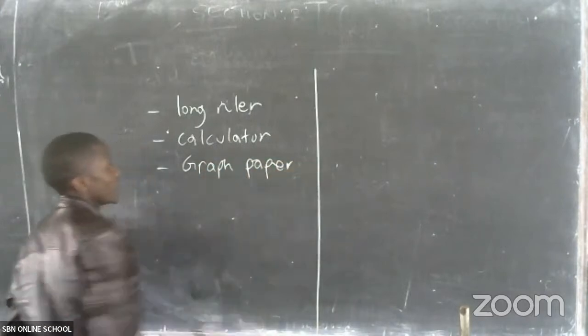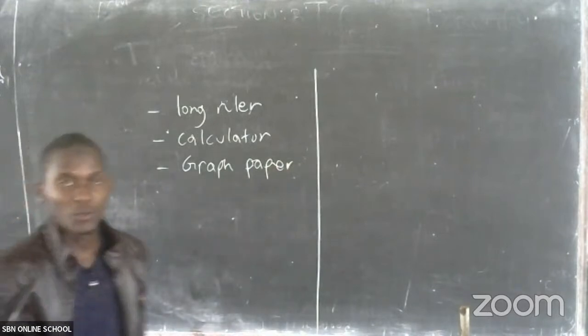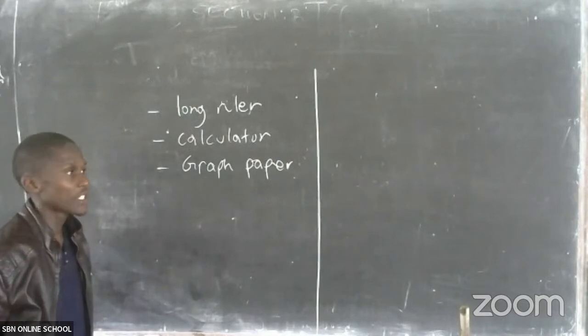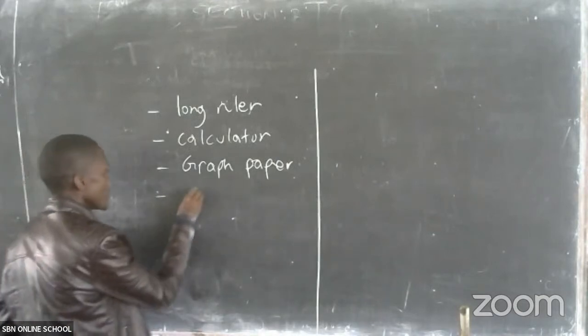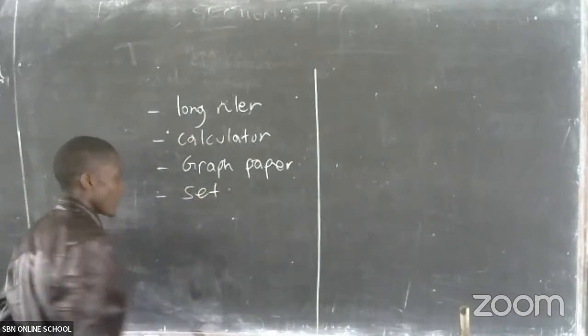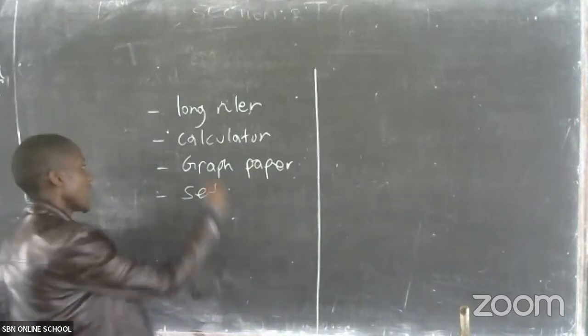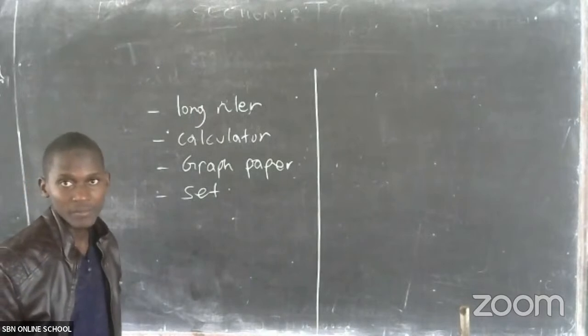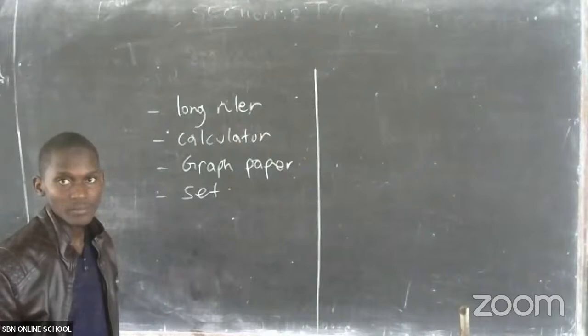Specifically, these are the equipment we need. Whenever you go into a geography paper and you expect to find a pie chart or a bar graph, also let me add, we need to have a set and all the equipment, but specifically here, we are going to be using the pencil. Am I clear? Are we together there? Yes.